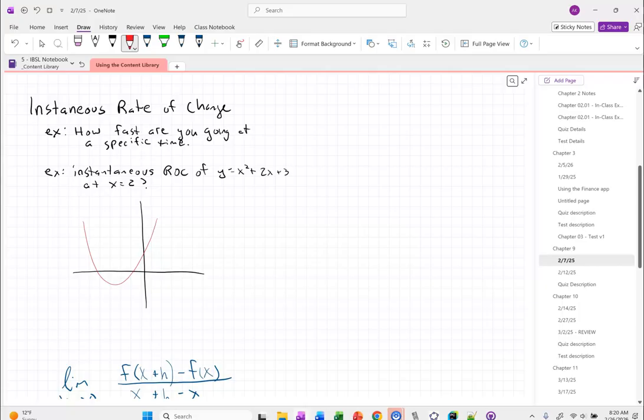And I'm going to say, let's make this -2, because that's this point here. So if I want the instantaneous rate of change at a single point, if I try to use the slope formula with 1 point, what is the slope going to come out as?